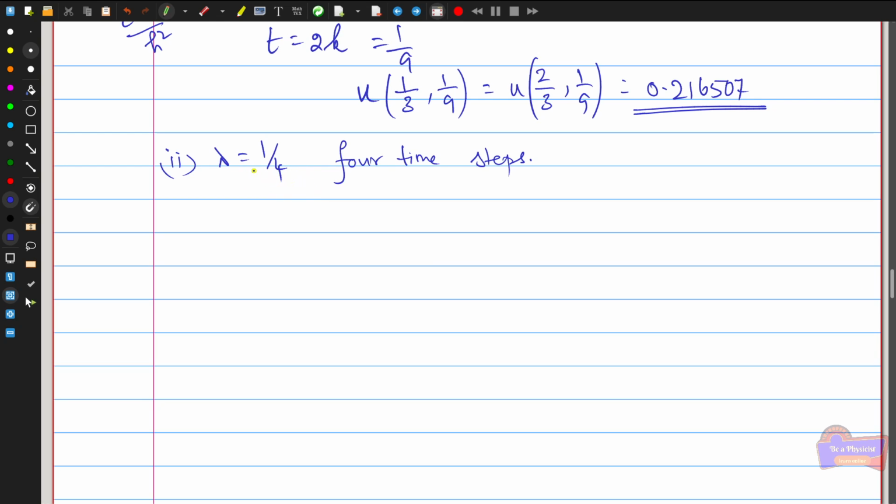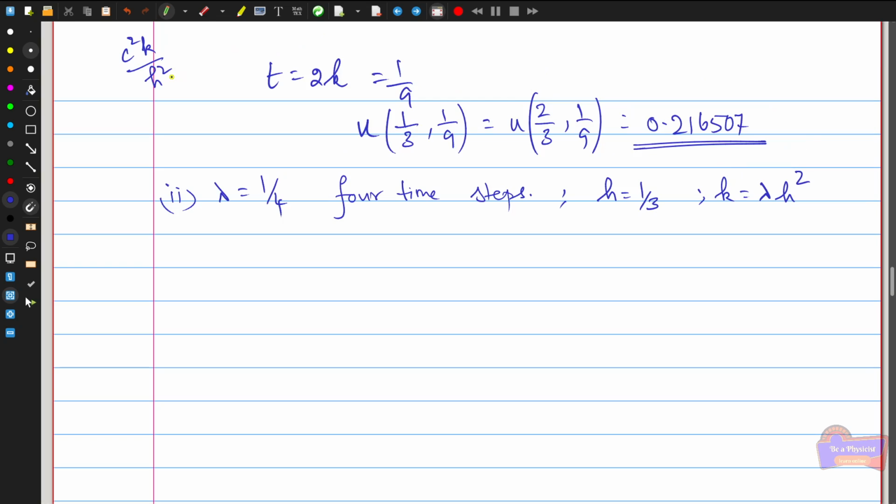So if lambda is equal to 1 by 4, then h is equal to 1 by 3, and we can find the k value. k is nothing but lambda times h squared from this mesh ratio parameter, so I can substitute the values of lambda and h. You get k equal to 1 divided by 36.